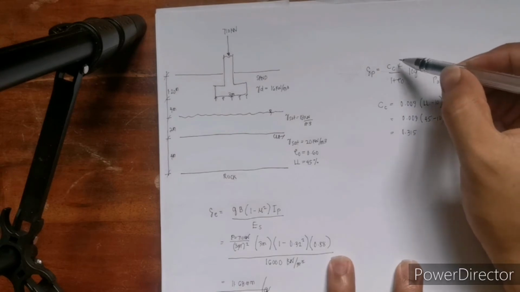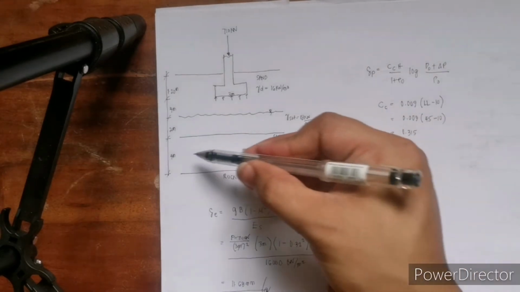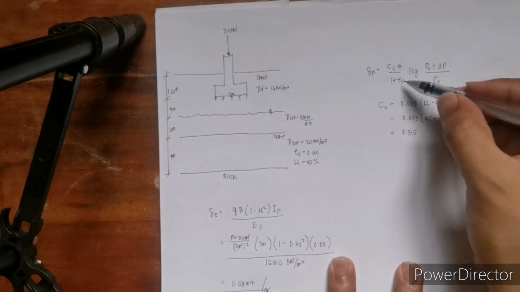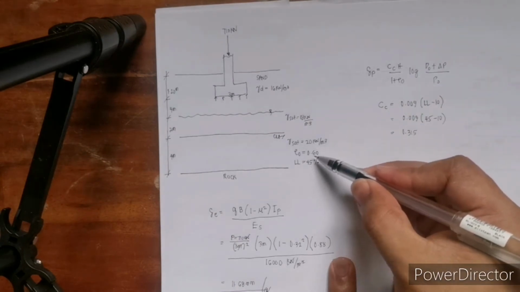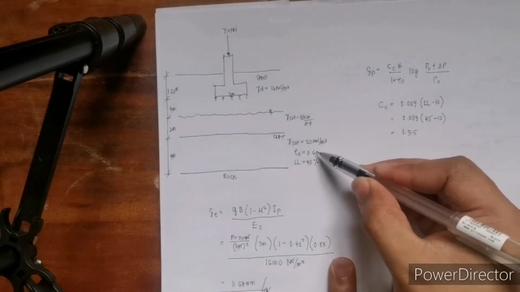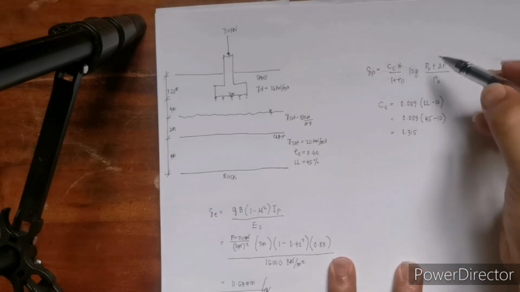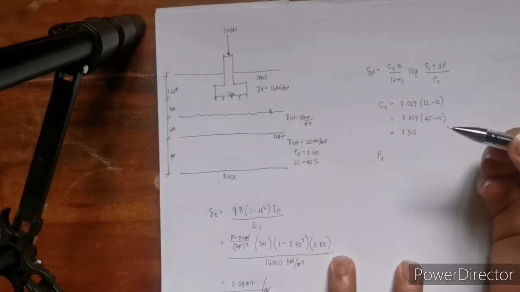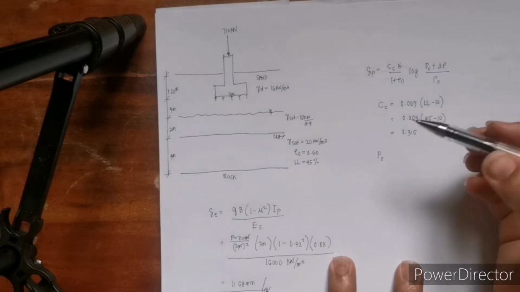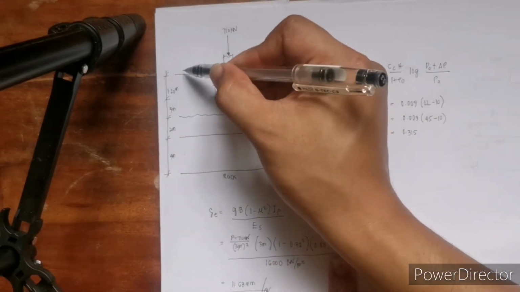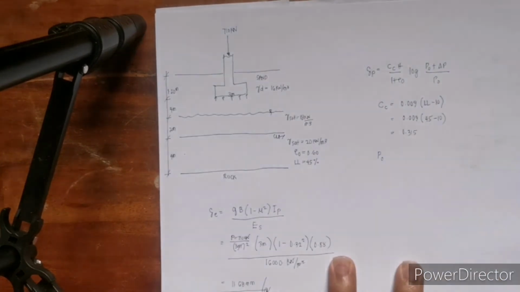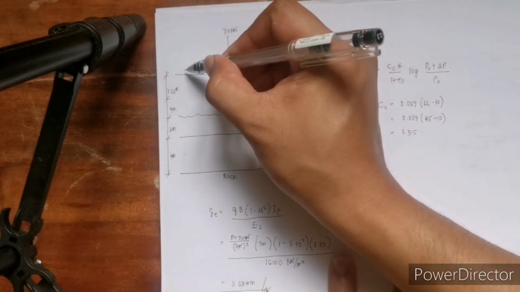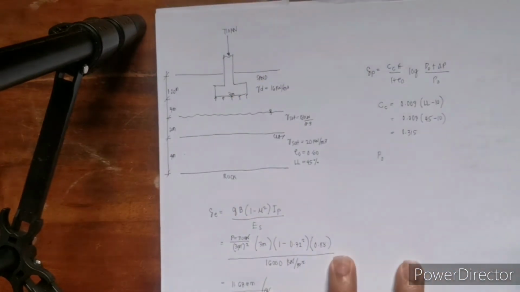And then we have H. H is the thickness of the clay layer. The thickness is 4 meters. And then e sub o, given in the problem, the initial void ratio of the clay, 0.60. Po. Po is the effective stress at the mid-height of the clay layer. So, at the mid-layer, anong effective stress natin? So, na-discuss na natin yan sa ating principle of effective stresses. Mag-uumpisa lang tayo mismo sa taas and then papunta sa point of consideration natin.